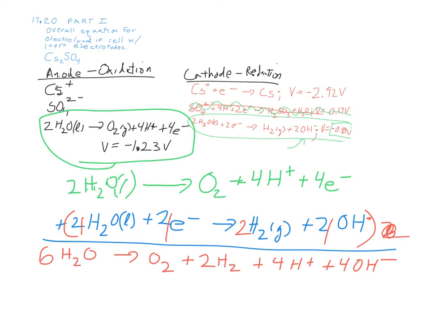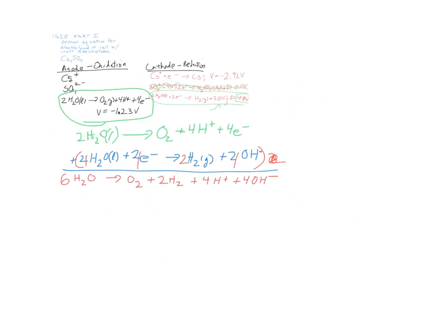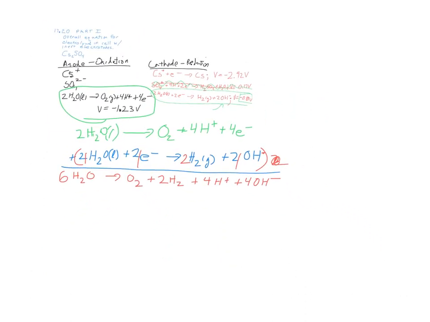And I think this is where some people run into trouble, because what do we have when we combine 4 hydrogen ions and 4 hydroxides? 4 molecules of water.